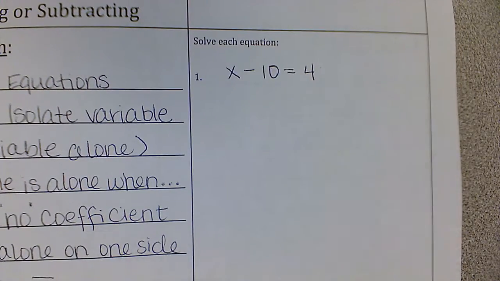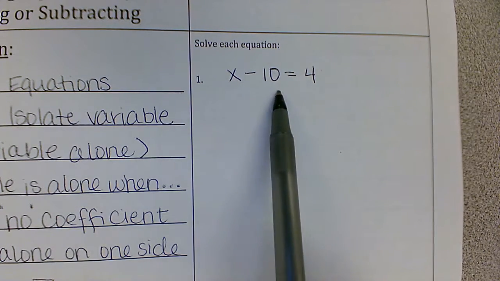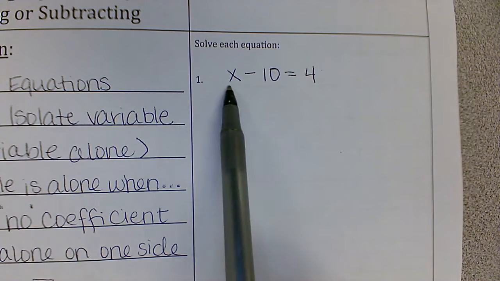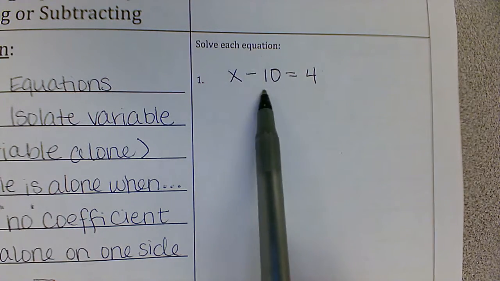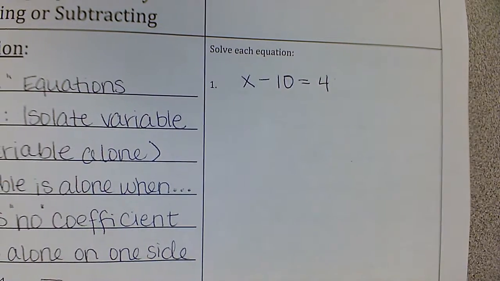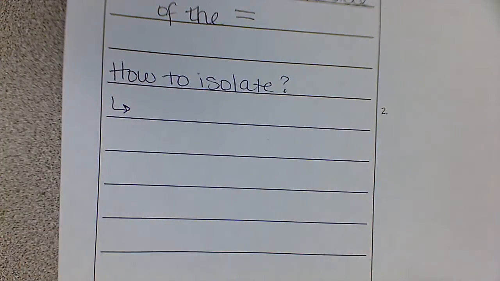We know that there's a 1 there, but it's imaginary. But we also see that x is on this side of the equal sign and it's not alone over there. So that minus 10 right there is our sign that x is not alone and we need to isolate it. And so the next step is, how do we isolate it? So how to isolate. So when we're isolating, sorry, my cough is still acting up.